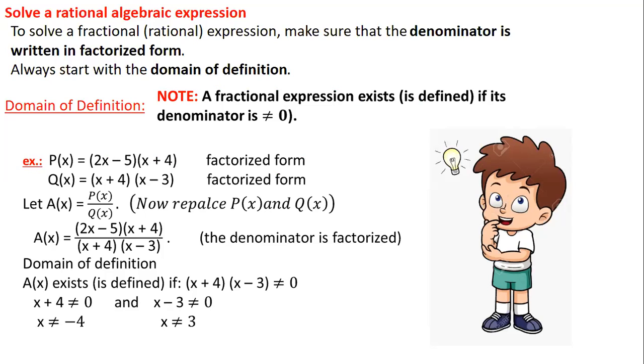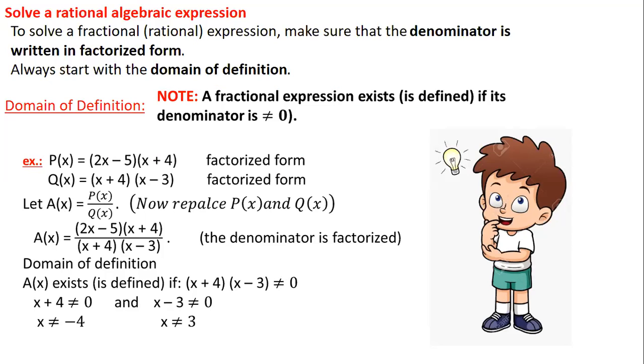What is the domain of definition? A fractional algebraic expression exists or is defined if its denominator is different from 0. So if we have two algebraic expressions, p of x and q of x, a of x is equal to p of x over q of x. Here we replace p of x by its factorized form and q of x by its factorized form.